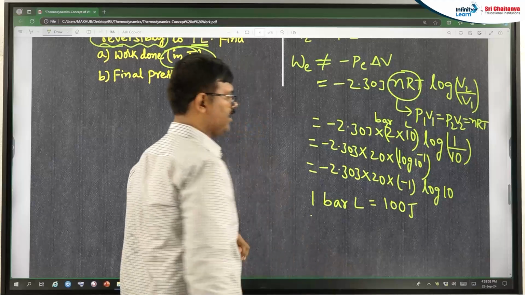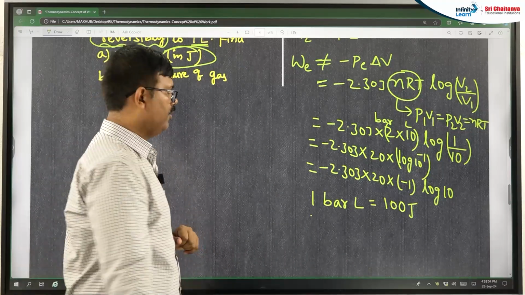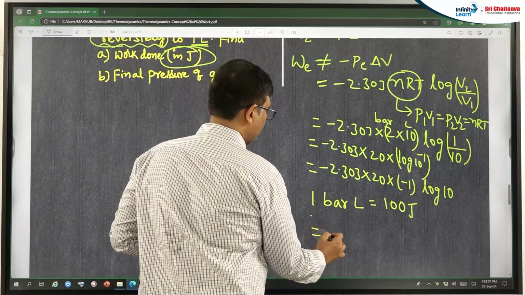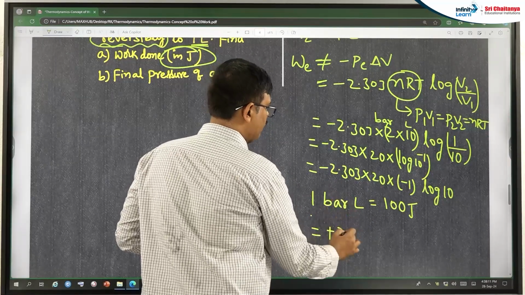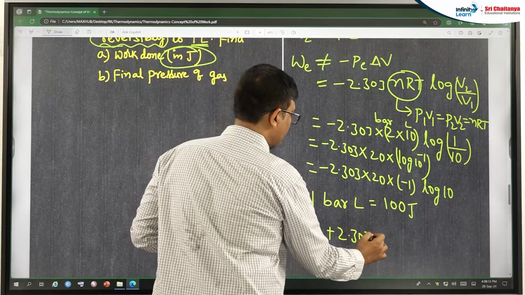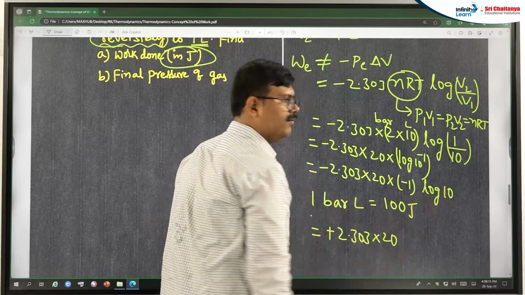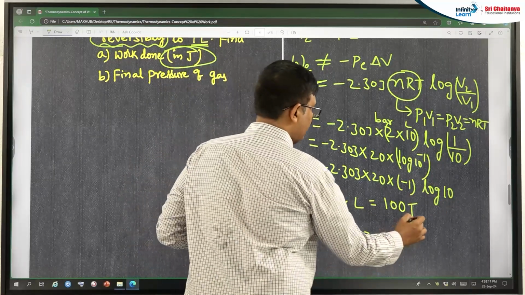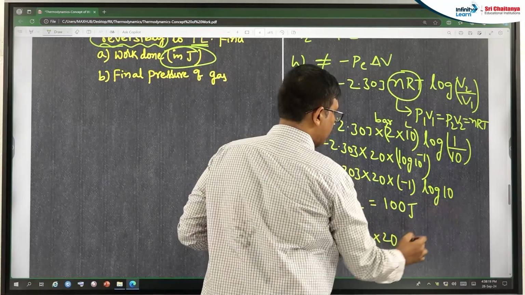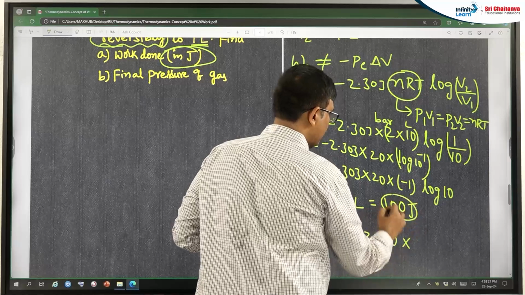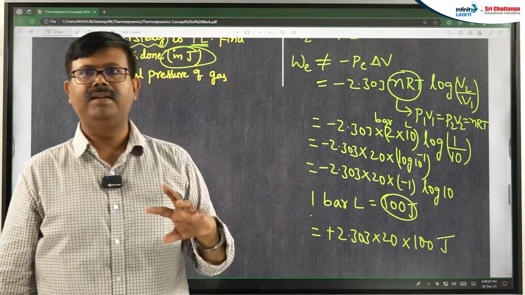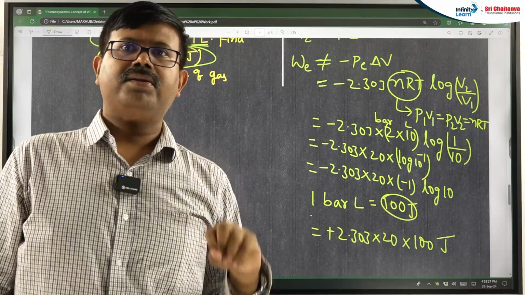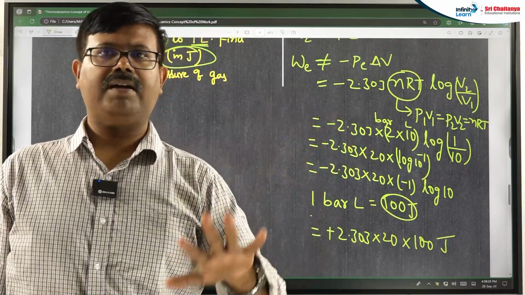This is the conversion. Therefore, minus into minus is plus, 2.303 into 20, and log 10 value is 1, but the unit here is bar liter. So 1 bar liter is 100 joules. If you multiply, you will get the answer in joules. So this is how you have to calculate the work done.